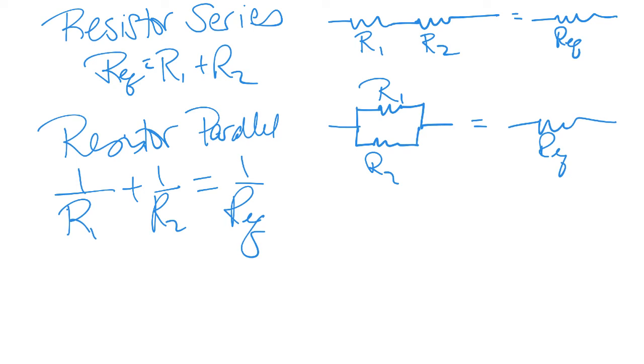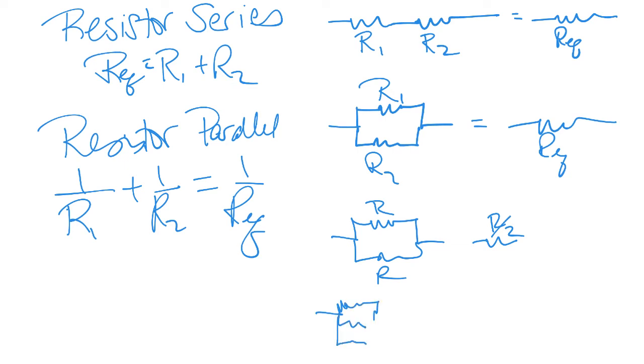What you get used to real quick for parallel calculations is if these are the same, then it's R over 2, okay? Because you get 1 over R plus 1 over R, which is 2 over R, so R equivalent is R over 2. If you have 3 of the same resistors, then the equivalent is R over 3.